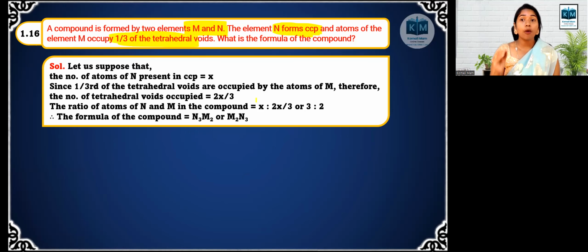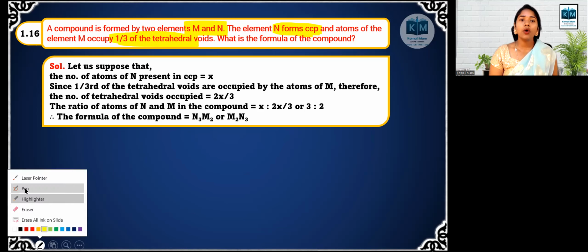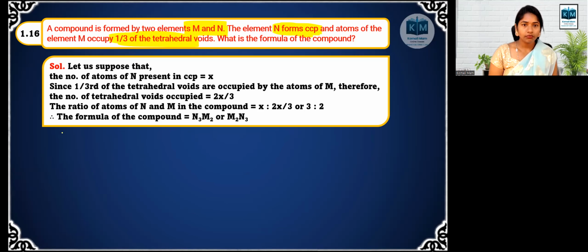What is the formula of the compound? Now, N forms CCP, which means the number of atoms will be 4, and M occupies 1/3 of the tetrahedral voids.